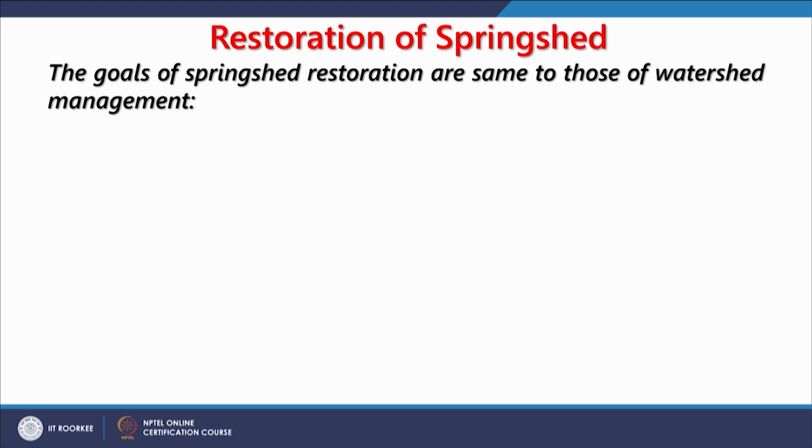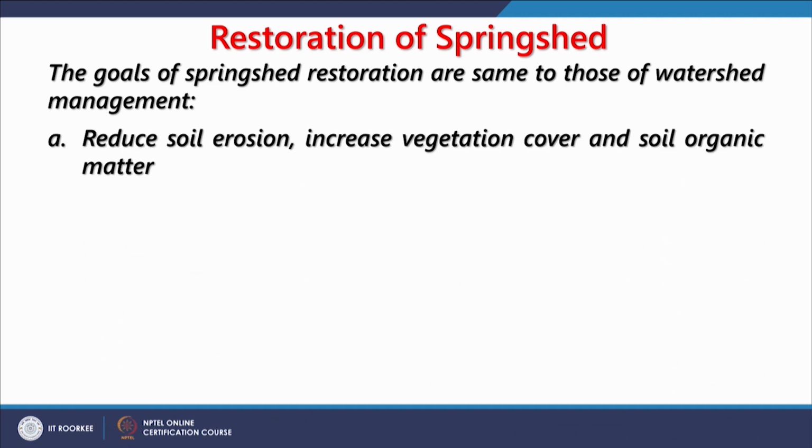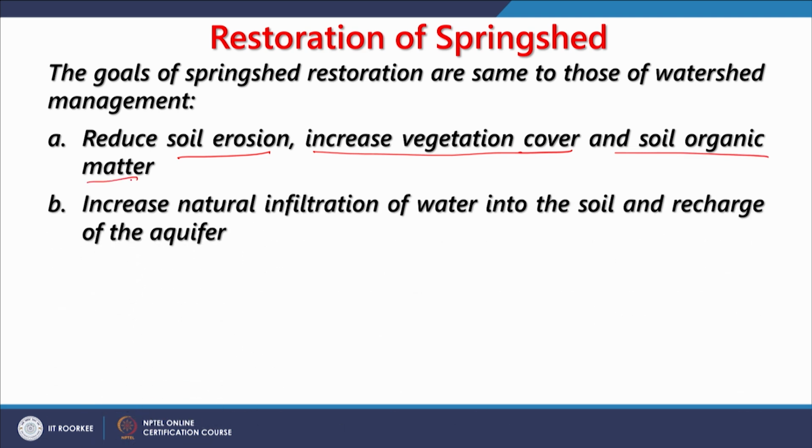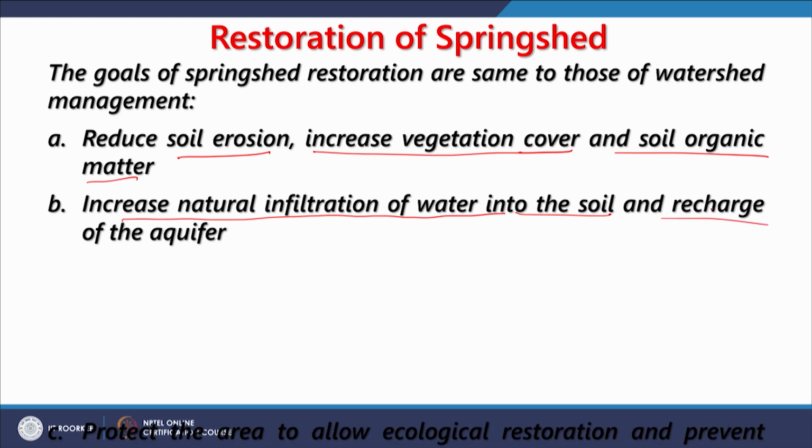So, the goals of springshed restoration are the same as those of watershed management. The same techniques as said earlier: if we do good watershed management, then our springs or springsheds will also be managed. We will reduce soil erosion, increase the vegetation cover and soil organic matter, and that is all helpful from an environmental point of view also. And we will increase the natural infiltration of water into soil and recharge of the aquifer.